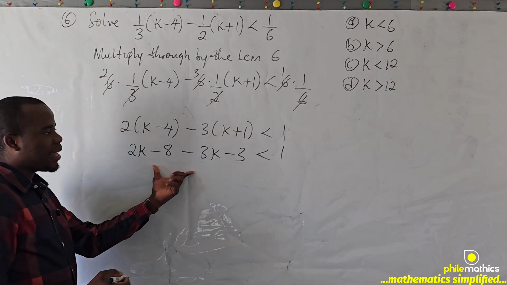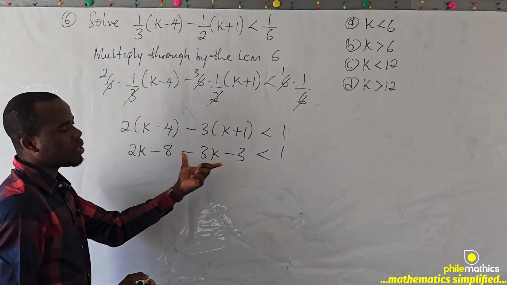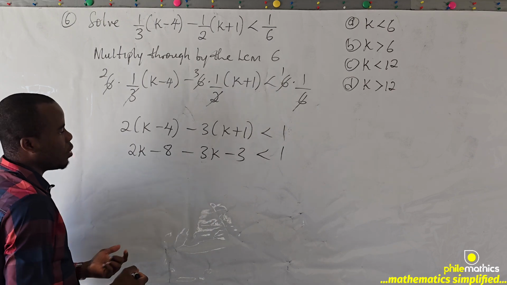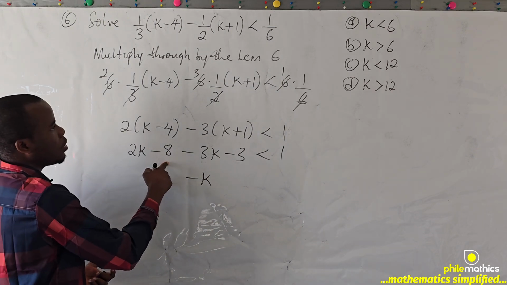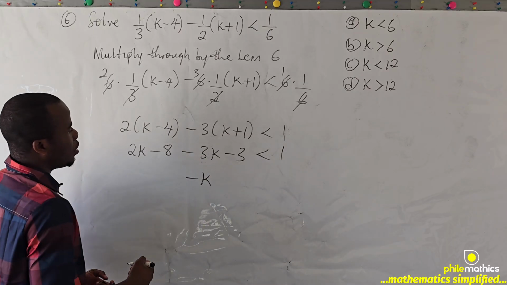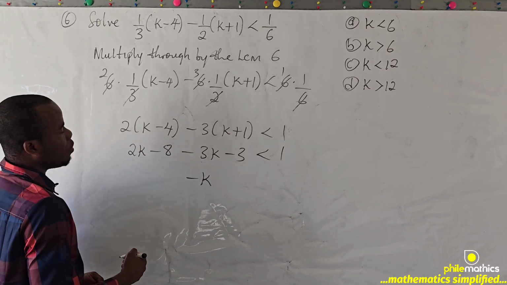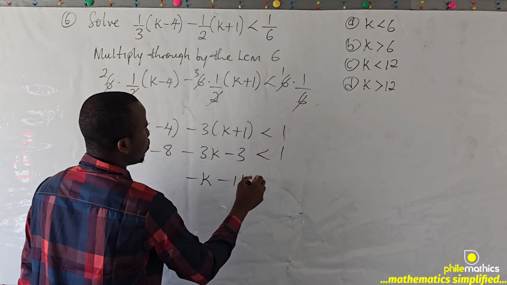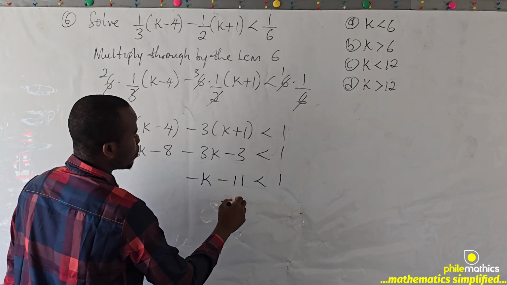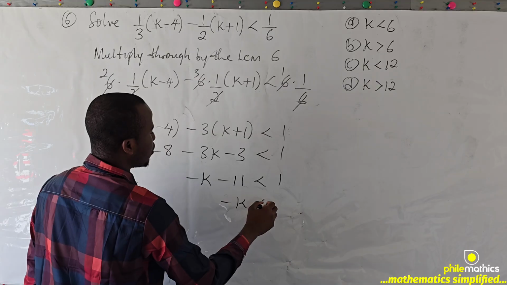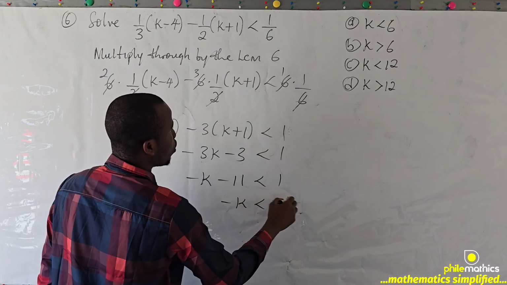So we collect like terms. 2k minus 3k is minus k. So this is minus k, and minus 8 minus 3 is minus 11. Minus 11 less than 1. We take minus 11 to the right hand side. So we have minus k less than 1 plus 11.